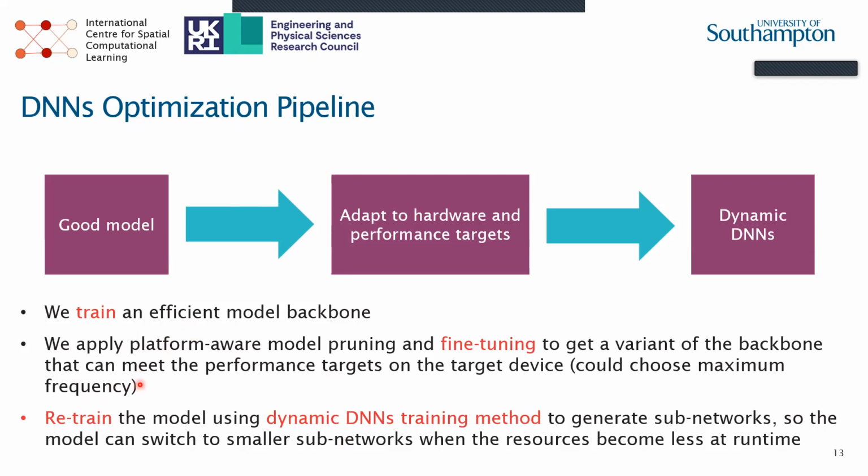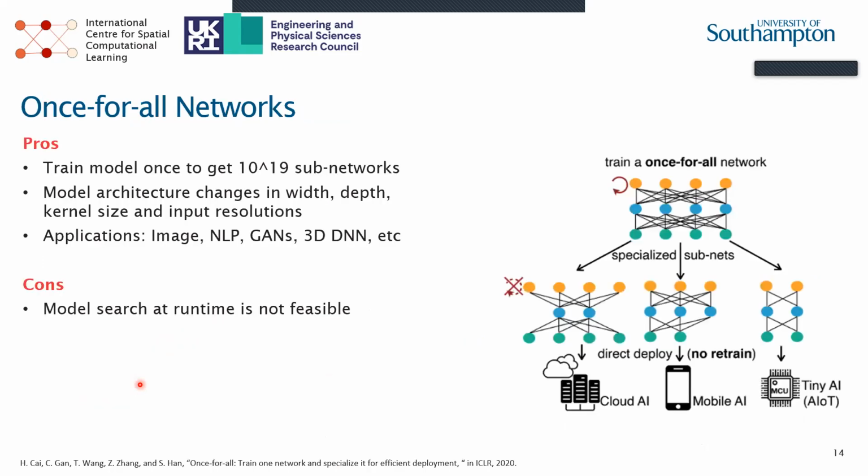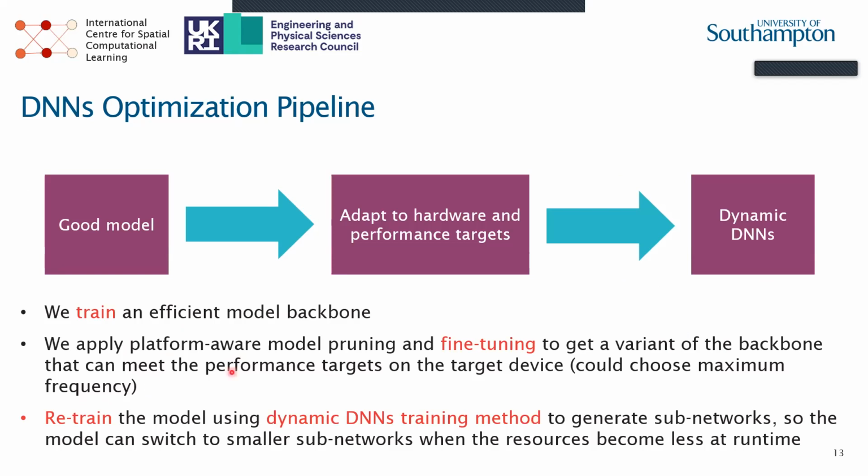So what can we do? Well, as the field moves forward, we start to see once-for-all networks, this kind of supernetwork. The reason we want to have this pipeline is that the previous dynamic neural network papers only consider the backbone network to be static, like MobileNet, ShuffleNet, ResNet.